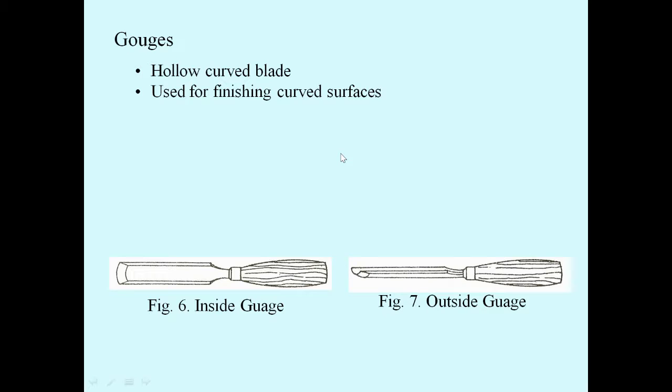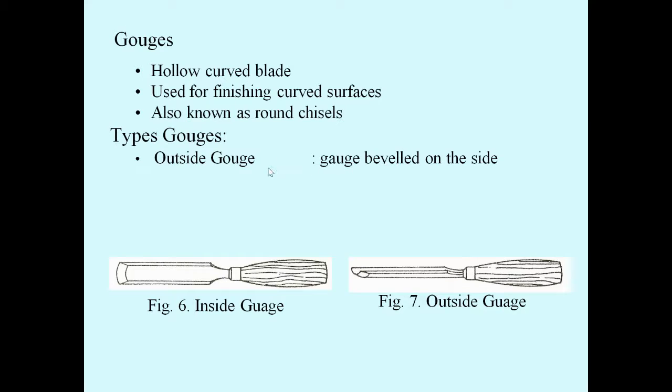If you want to finish a curved surface on the workpiece, we can use this type of gauges, that is the inside gauge and the outside gauge. They are also known as round chisels.